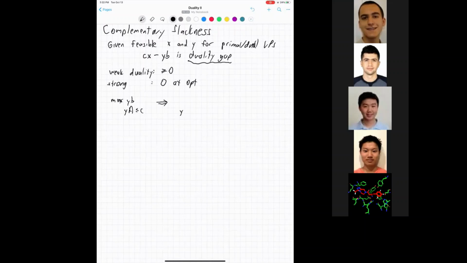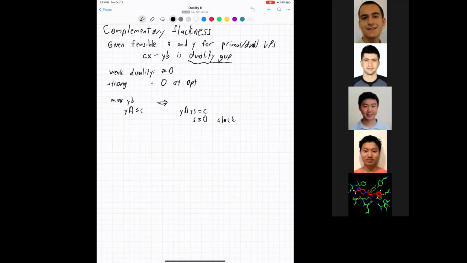I'm going to write it as YA plus S is equal to C, and S is greater than or equal to 0. So I'm introducing slack variables into my canonical form LP.